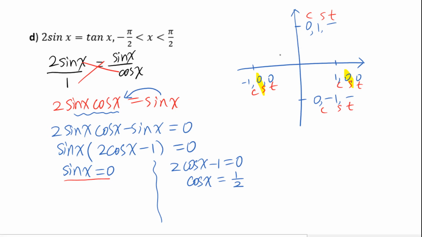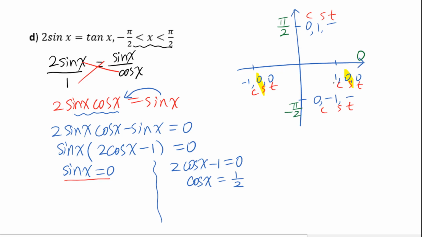Therefore, let's label. We have to label according to the given domain. X greater than negative pi over 2, less than pi over 2. Positive angle first, from 0 to pi over 2. That's the first quadrant.